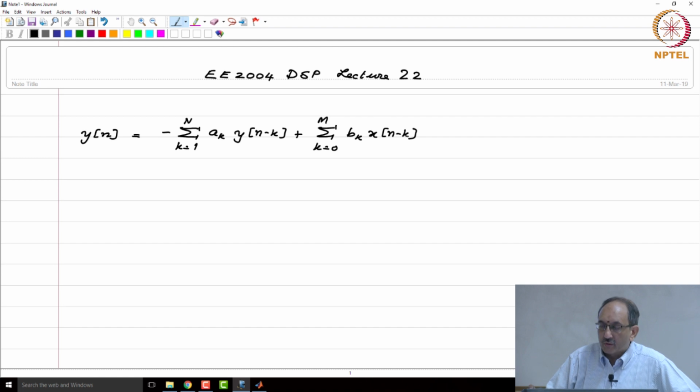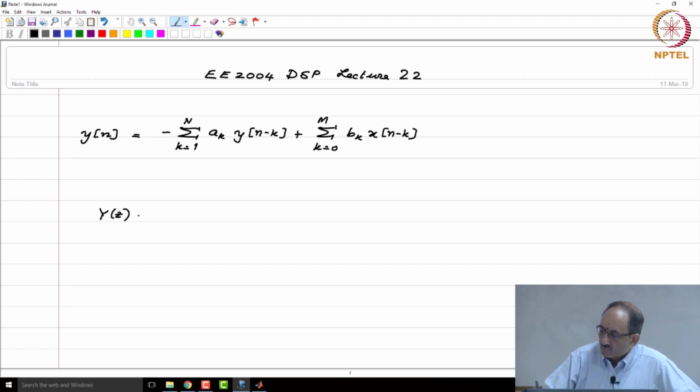And now what we will do is we will look at the system's transfer function. We have already looked at the system transfer function for this class. We will just go through the steps quickly and recall the result.